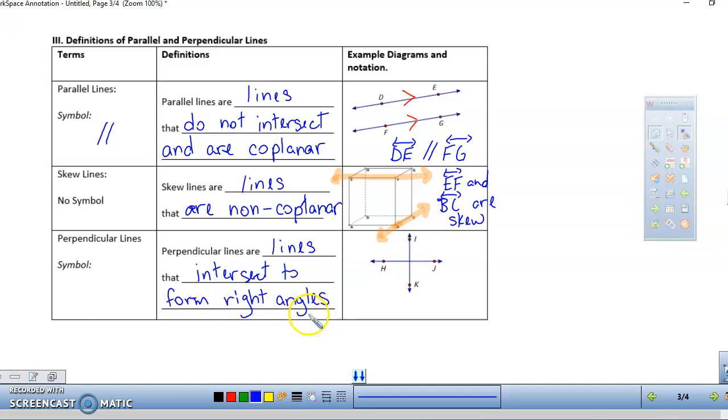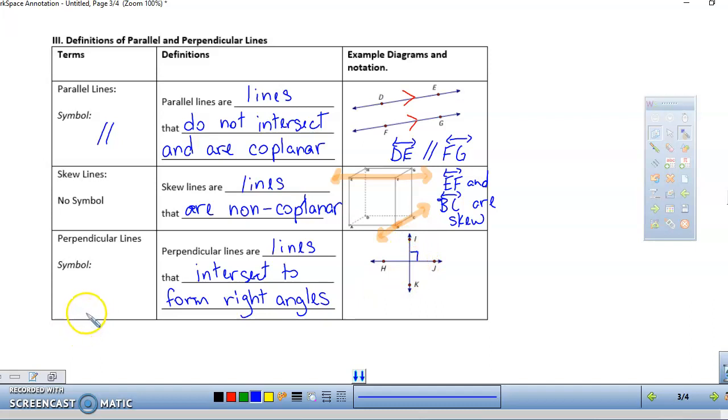You don't have to say anything about being coplanar, because if they intersect, that automatically implies that they are coplanar. So you can just put a little right angle symbol in the corner like that, and that will tell you that those are perpendicular.